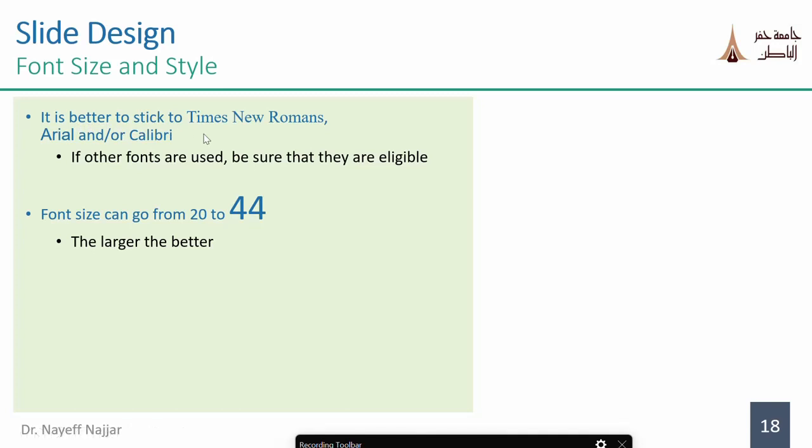Some of them look very good, I understand. But it's a good idea to refrain from using any font other than Times New Roman, Arial, or Calibri. These are standard fonts that you find in Word or in PowerPoint. So don't use other fonts.